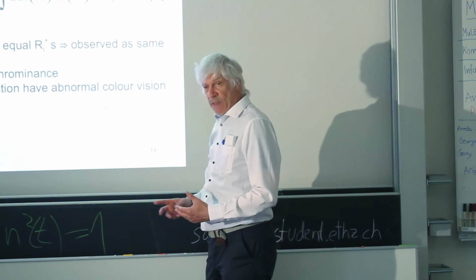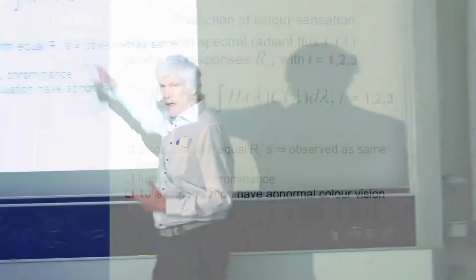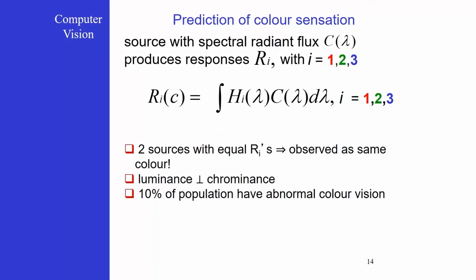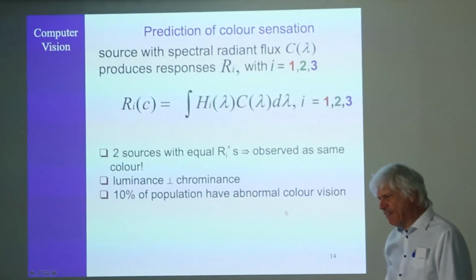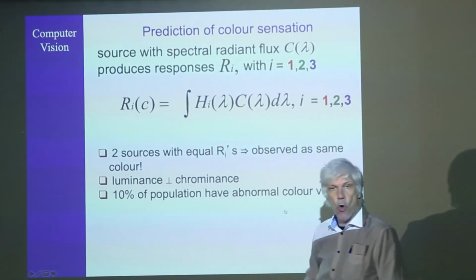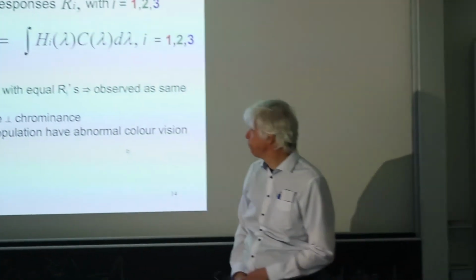So in fact, they also make 3 projections. They have 3 different cone types, make 3 of these projections, but one of these axes is a bit off. So they make a projection on a different vector for one of these h's here, and therefore get different numbers R than normal observers would have.